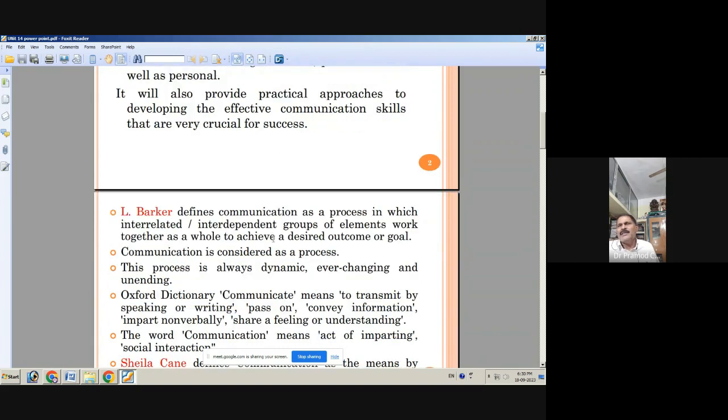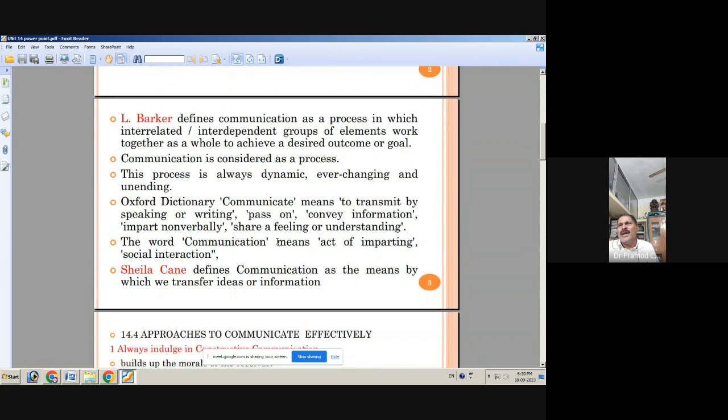A.L. Barker defines communication as a process in which interrelated, interdependent groups of elements work together to achieve a desired outcome or goal. You know that communication is definitely a process, and it is interrelated.